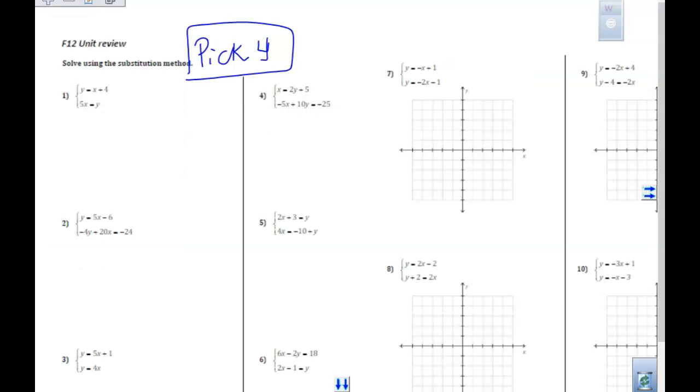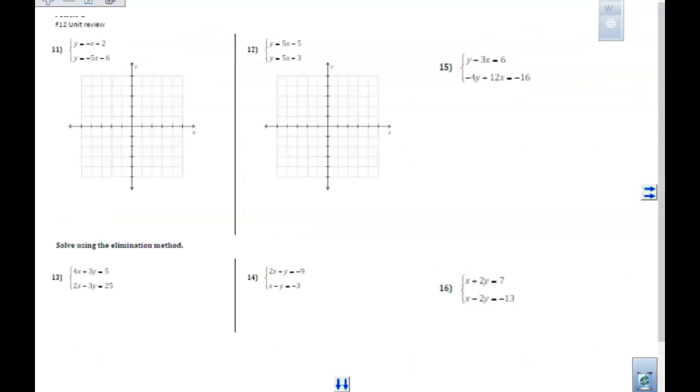Again, you need to do 4 solving by graphing. You can choose whichever 4 you would like. And as you look at that last part, where you are using elimination, again, out of the 6, pick 4. Okay? All of these answers are in the back as you are checking those.